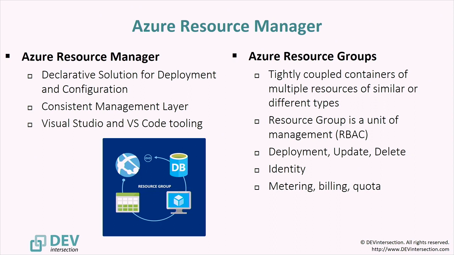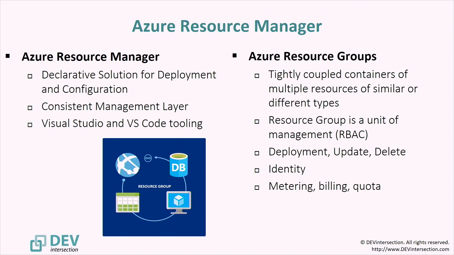But it's also a point where you actually assign access control, so role-based access control. So let's say I have a resource group with my web application and my SQL server in, which is just this one application I have. I can have different resource groups, and I can have different people with different kinds of access to those different resource groups.